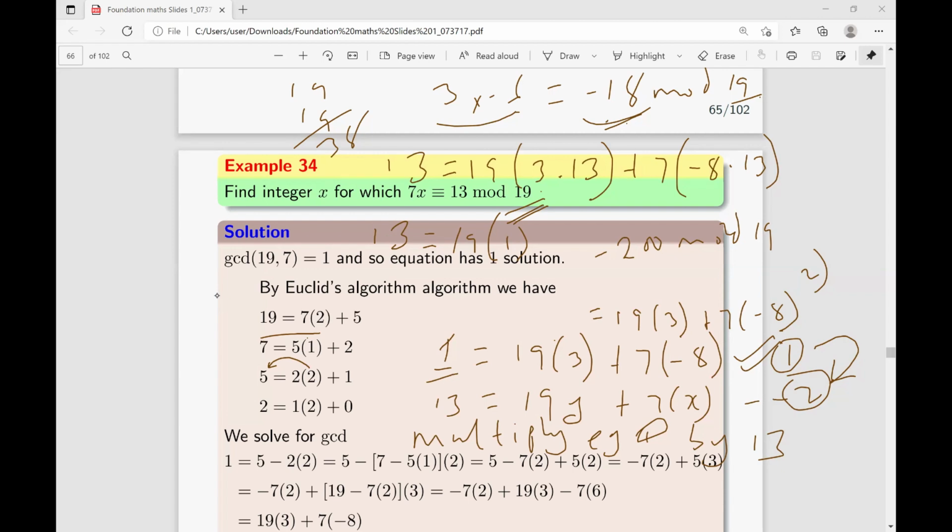Now, let's just come back to where we were. So this is where we are. What we are doing, we're multiplying equation 1 by 13 to get equation 2.